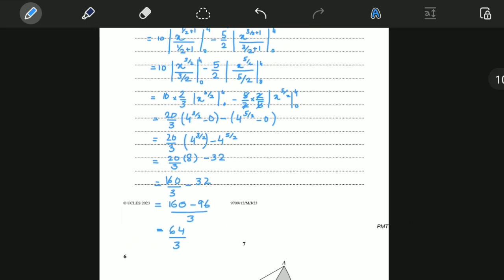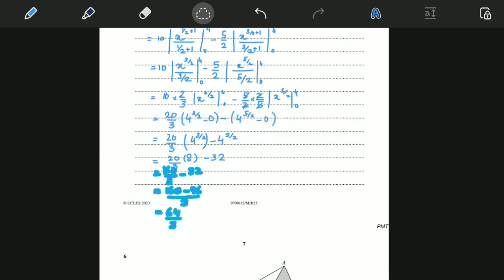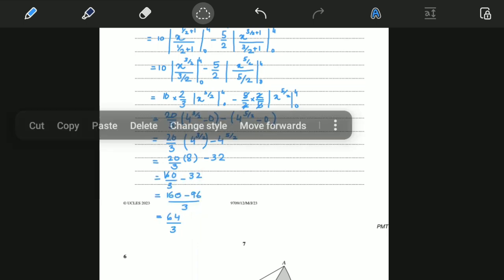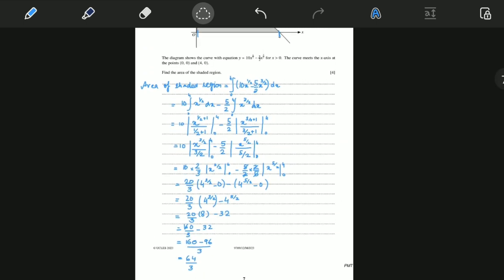Okay, so that's it. I'm also reducing it to match the size of the original one. This is all. So this is how we can find the area of the shaded region.